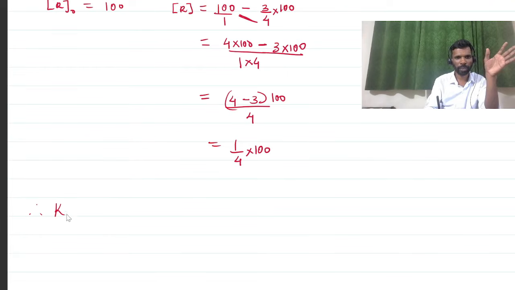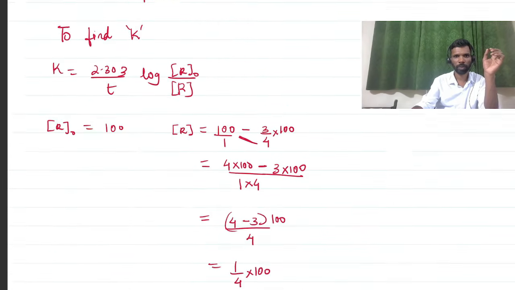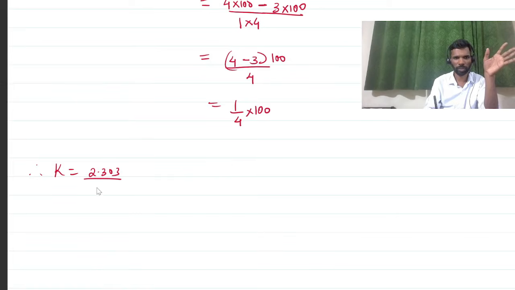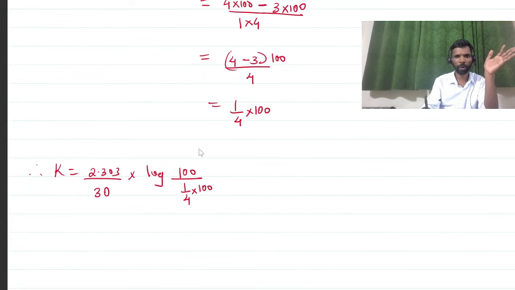Therefore, K is equal to 2.303 upon time is how much? 30 minutes, I guess. Yeah, 30 minutes. And there is no need to convert this. We'll write the unit of the rate constant as per minute. So log of R0 by R is what? R0 is 100 and R is 1/4 of 100.